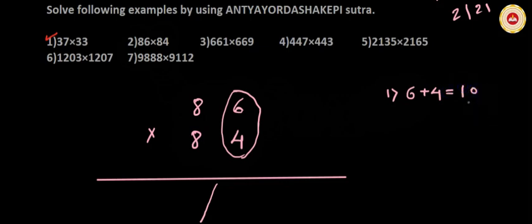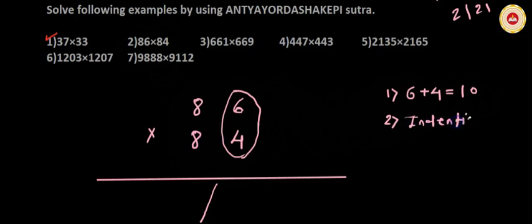That means first condition is satisfied. What is the second condition? Remaining higher place digits should be identical. There is 8 in the multiplicand at tens place, and there is also 8 in the multiplier in the tens place. That means second condition is also satisfied.